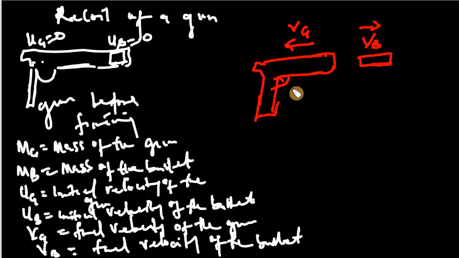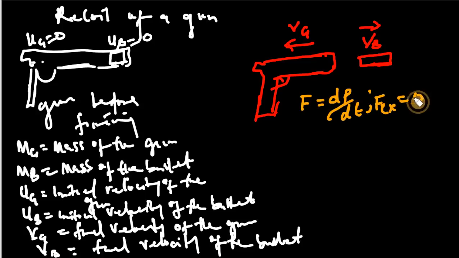So we want to see the conservation of linear momentum here. From Newton's second law of motion, force equals rate of change of momentum, and if there is no external force in the system, this equation becomes dp equals 0.